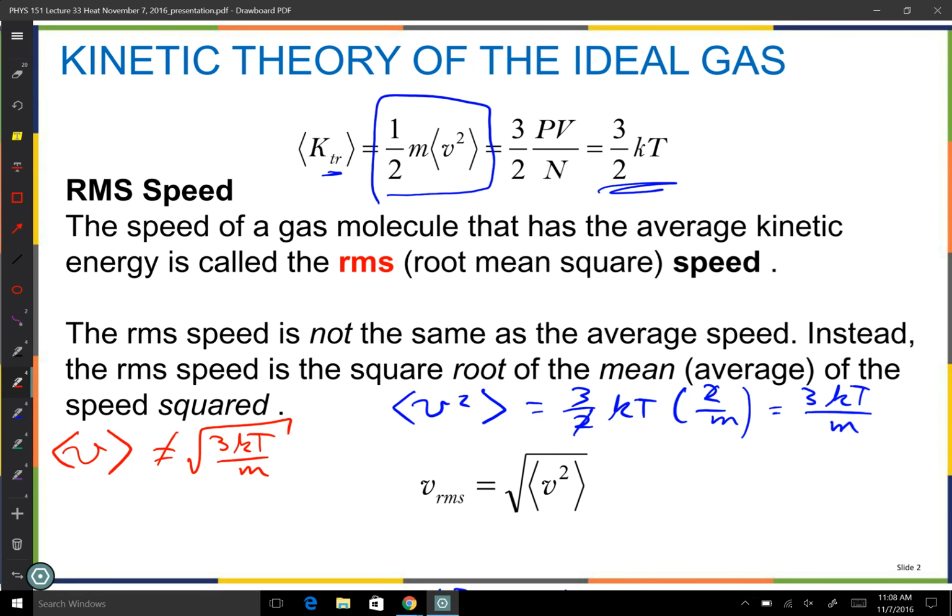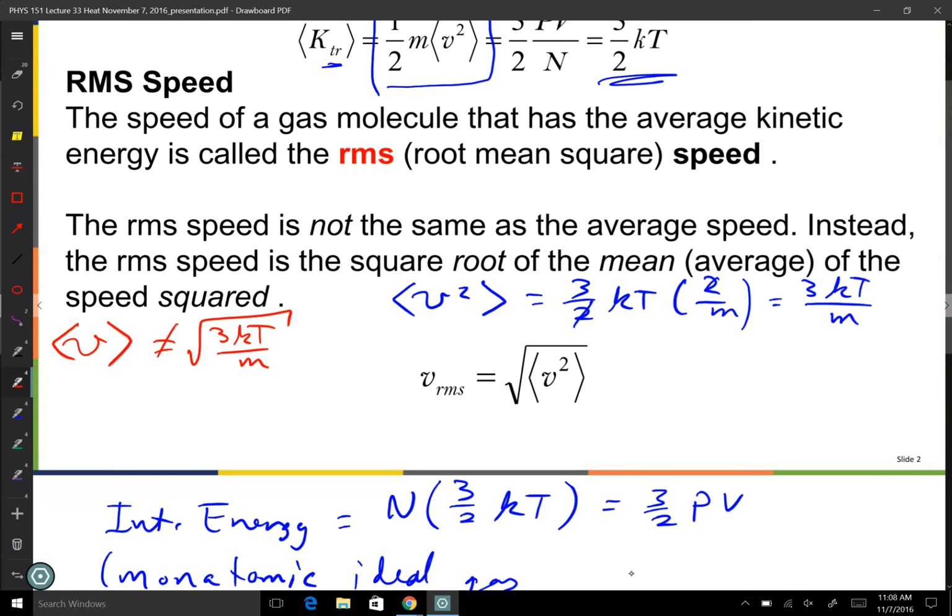And in fact, you're always going to have that. The square root of the average of the squares is bigger than the average. Because you squared the values, you gave a higher weight to the bigger values when you did the average of the squares. So when we take the square root, we call it the root mean squared. And root mean squared, you actually do it in the reverse order.